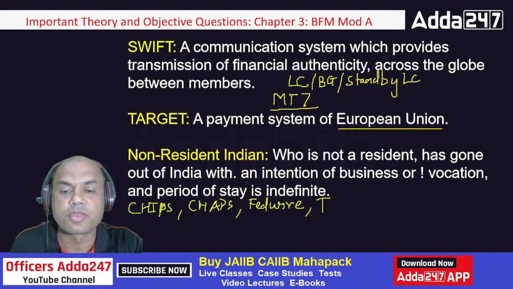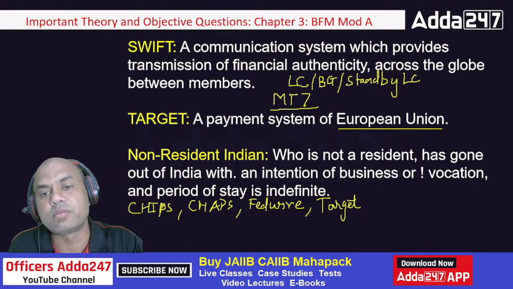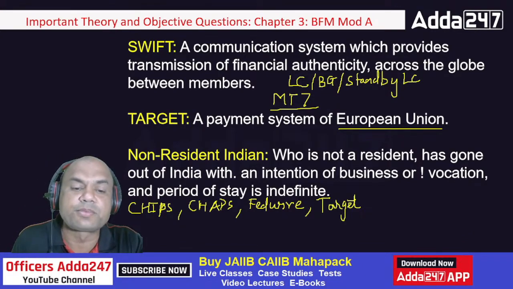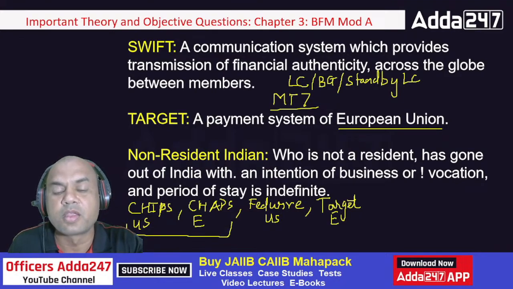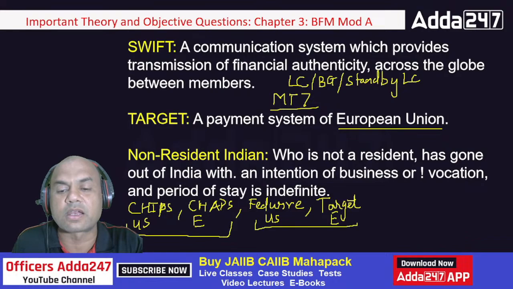These systems are used in the US and the European Union. CHIPS is used in the US, CHAPS is used in Europe. Fedwire is used in the US, TARGET is used in Europe. So these two pairs are parallel. CHIPS in the US is similar to CHAPS in Europe. Fedwire in the US is similar to TARGET in Europe.